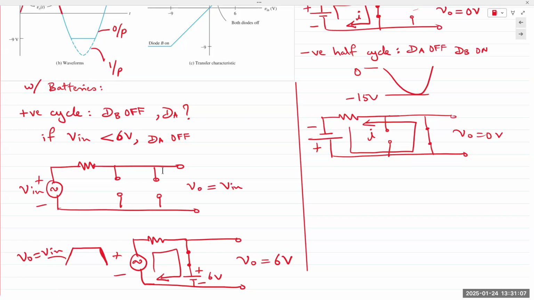Doesn't matter what happens at the anode, right? Anode's not going to go below +9 volts anyway. It's not in the positive half cycle, it's not going negative at all. It's just climbing from 0 to +15 back to 0. So it's a positive voltage over there. So it's not going to turn on at all.